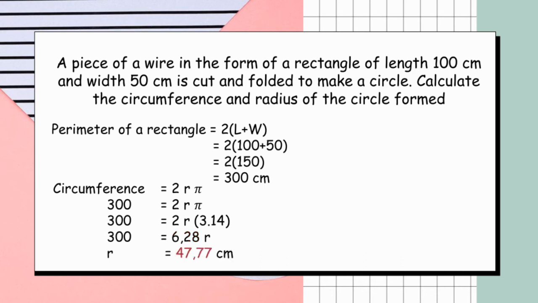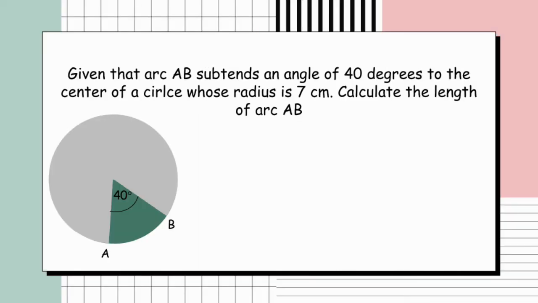R equals 47.77 centimeters, so the radius of the circle will be 47.77 centimeters.